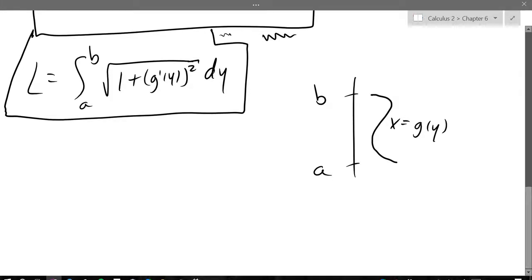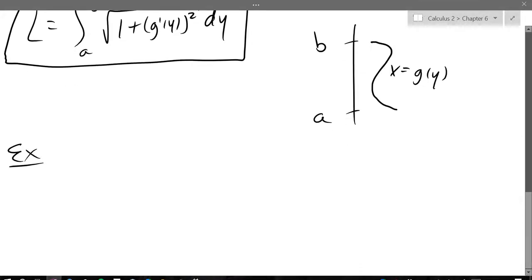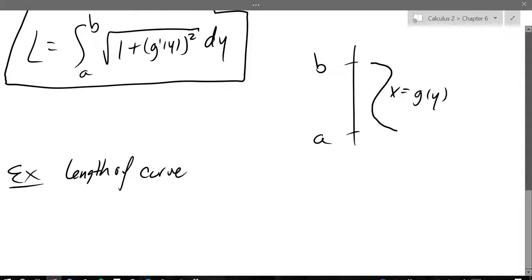So let's do some examples. Just to warn you, a lot of these lead to a trig substitution: square root of 1 plus something squared. If it's plus, what is that sub?